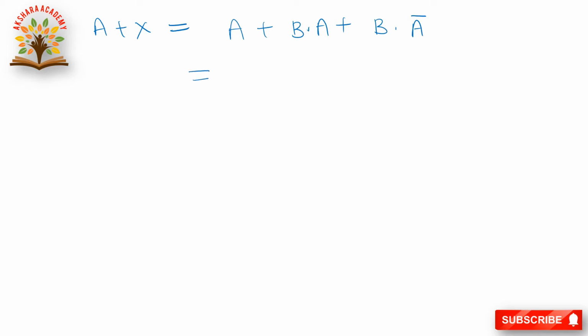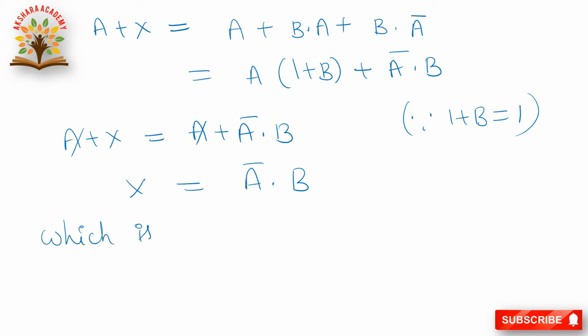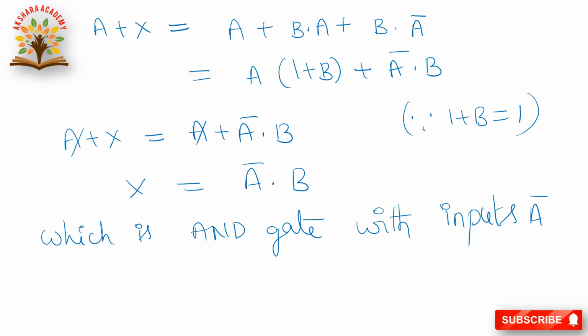So that is equal to A of, taking A as common, 1 plus B plus A bar dot B. Here since 1 plus B is equal to 1, substituting, we get A plus X is equal to A plus A bar dot B. A gets cancelled, so X is equal to A dot B, which is AND gate, with inputs A bar and B. Okay, next we will go to the next question.